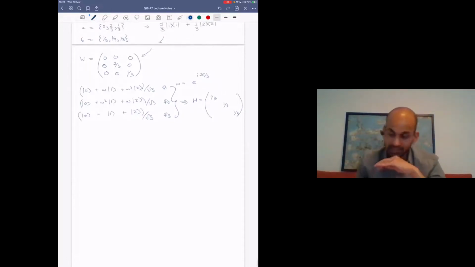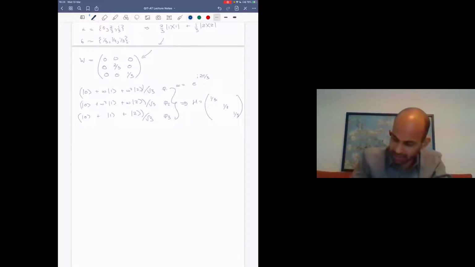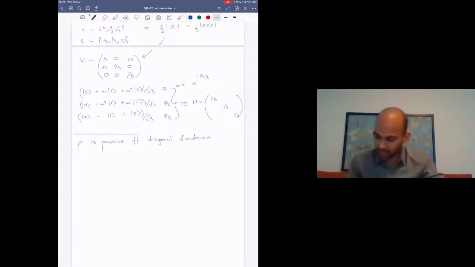Right, so as an immediate application of this, we are now going to prove the statement that we talked about earlier about the passivity of rho. So rho is a passive state if it is diagonal and ordered in energy. And the reason for this is now very simple.